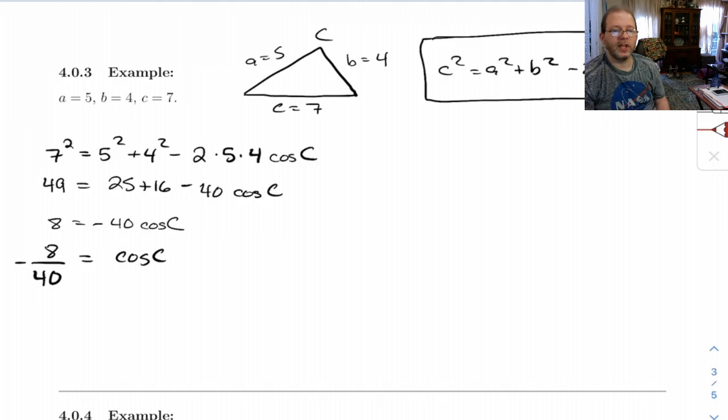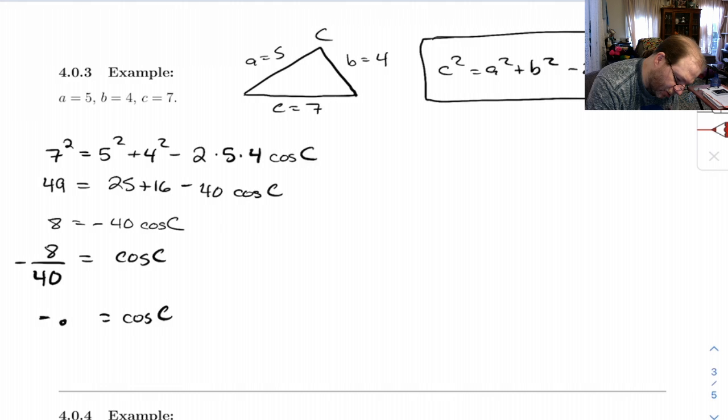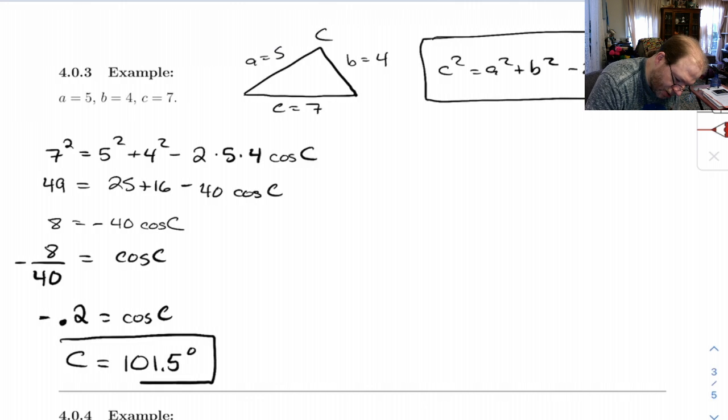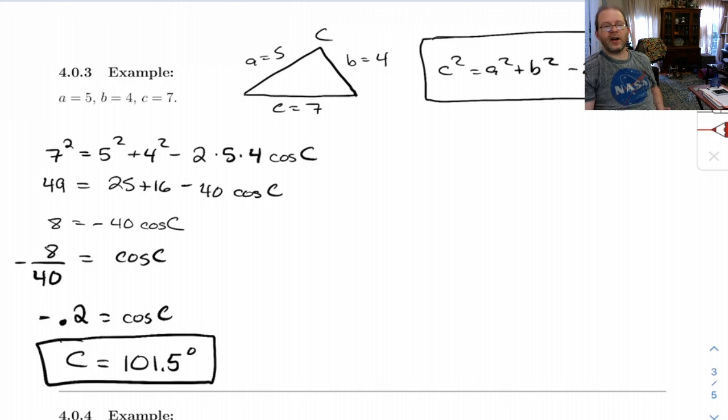I could reduce that to negative 1/5. You know what? I'm going to do that. Negative 1/5. That's negative 0.2. So inverse cosine of negative 0.2 gives me 101.5. Sounds like a radio station. So 101.5 degrees. So that's my C.